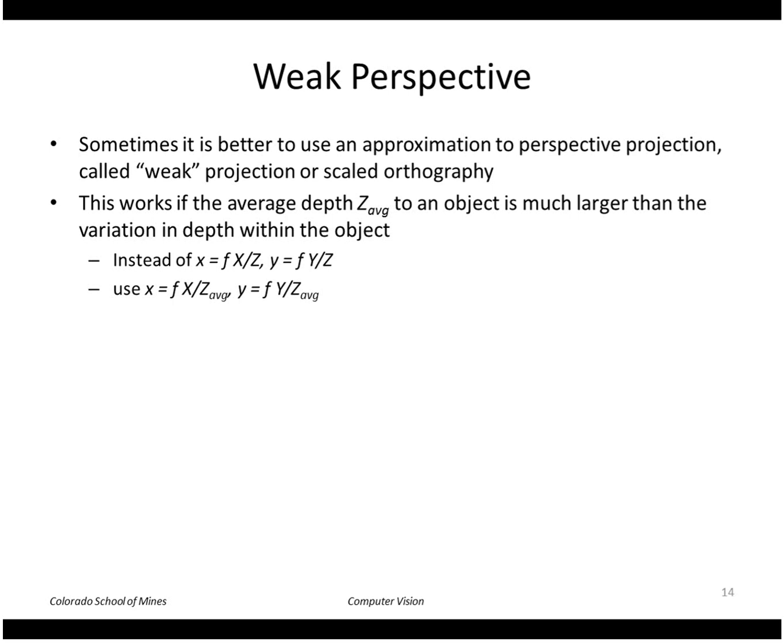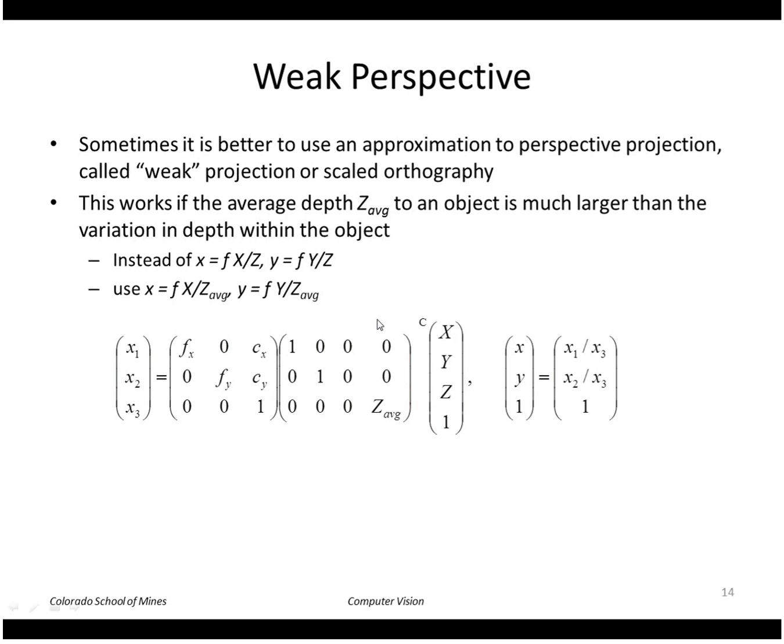So if I look at how the points on the object project to the image, the true perspective projection takes x and z for every point, which is different. The weak perspective approximation is to say, I'm just going to use the average z value for all the points. If we do this, it simplifies the projection.